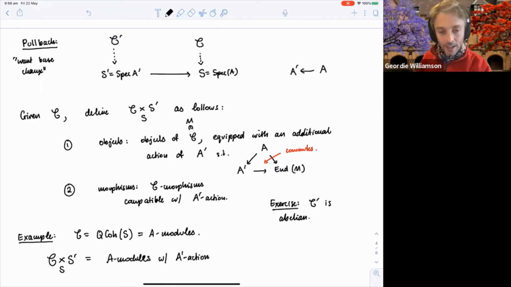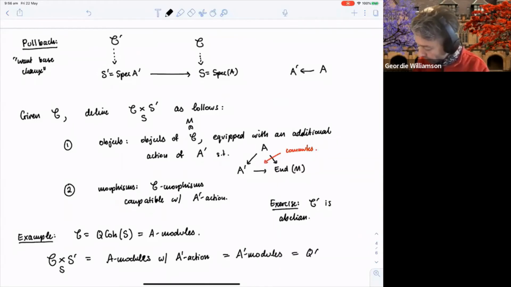But it's the kind of silly thing to say: an A module with an additional A prime action extending the A action is just an A prime module, which is quasi-coherent sheaves on S prime.